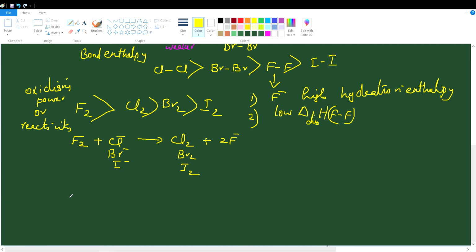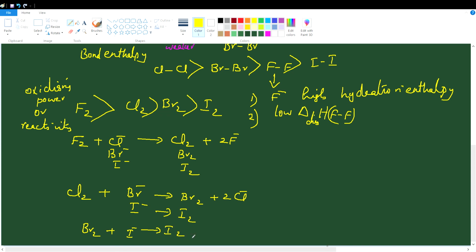Similarly, chlorine can oxidize bromides to bromine, iodides to iodine, itself undergoing reduction to chlorides. Similarly, bromine can oxidize iodides to iodine, itself reduced to Br-. So a higher oxidizing halogen can oxidize the lower oxidizing halogens.